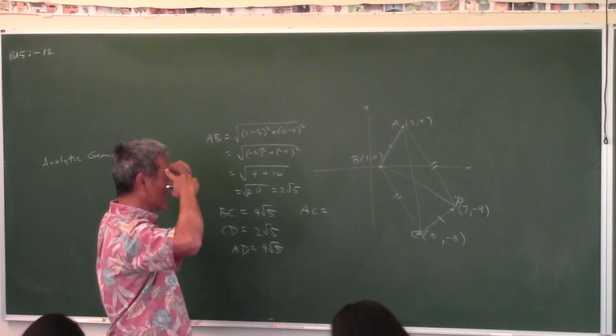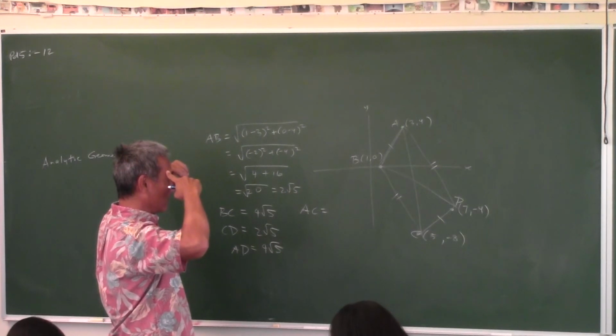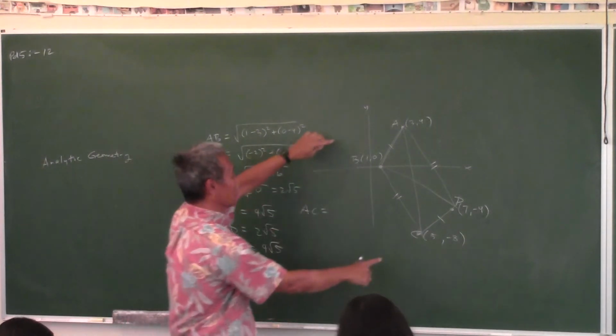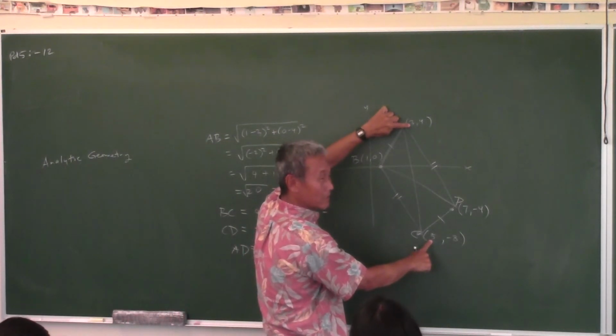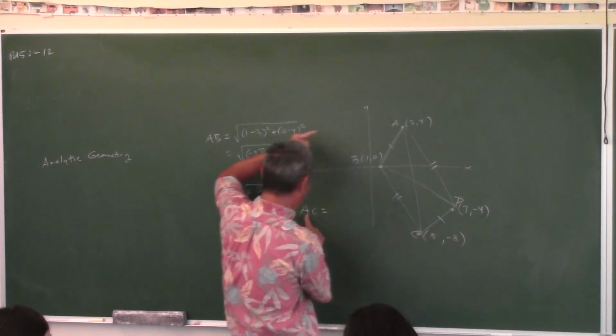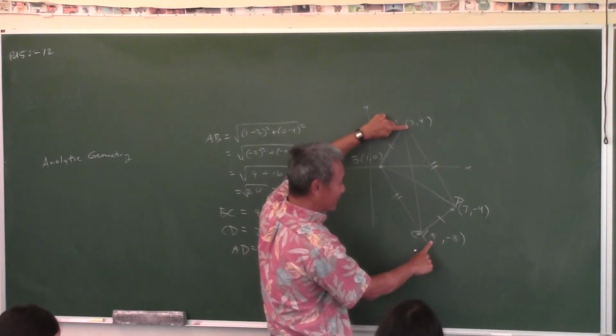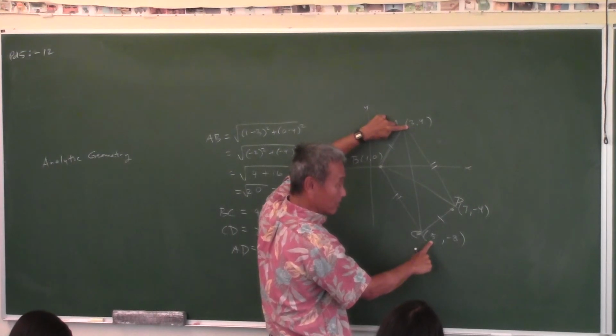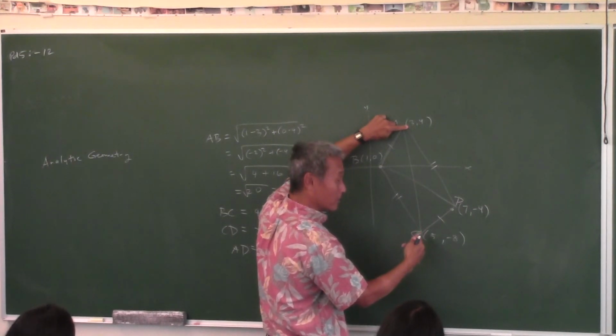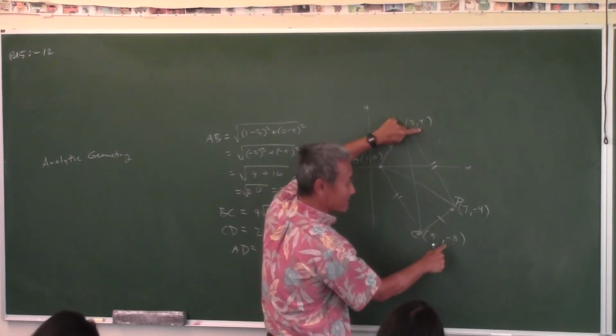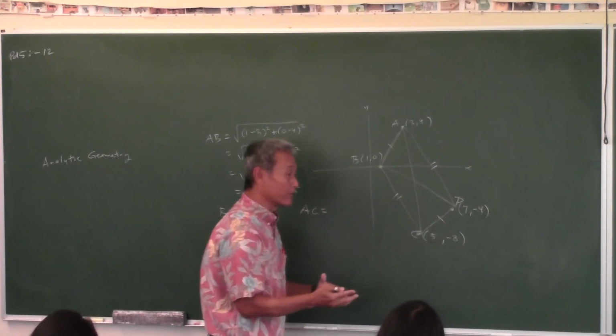Difference of the x's. A and C. Difference of the x's, rhymes with move. 2. Okay. Difference of the y's. 12. Okay, so square both of them.